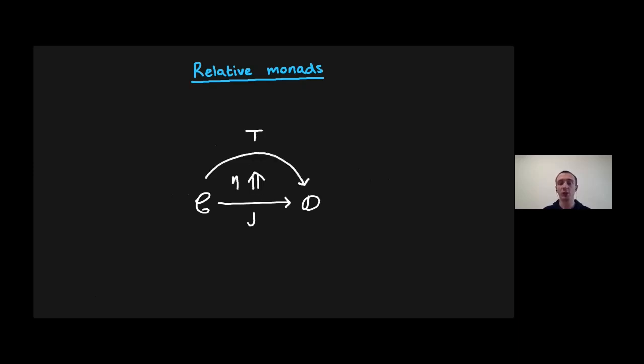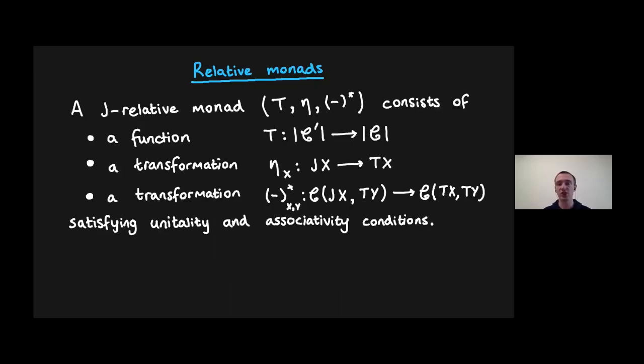And so we can talk about a unit for a functor, which is just going to be a natural transformation from J, which is our identity, to some T, which will be our monad-like structure. But we can't talk about multiplication here because we can't compose T with itself, because it's not an endofunctor.